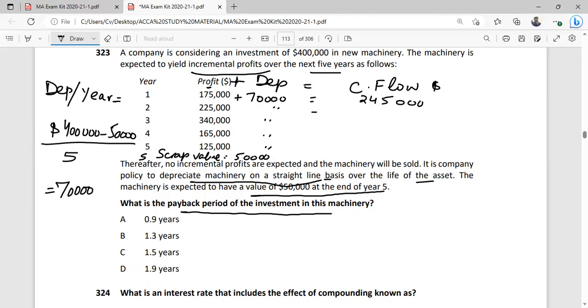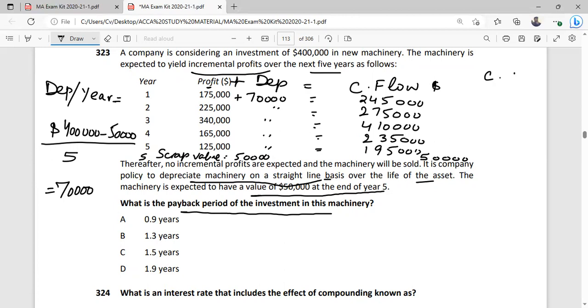Then 225 plus 70, 275,000. 340 plus 70, 410,000. 165 plus 70, I think it's 235,000. 125 plus 70, 195,000, and scrap value of 50,000. So now you can calculate your payback period.